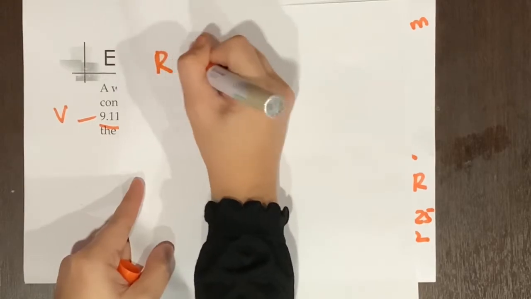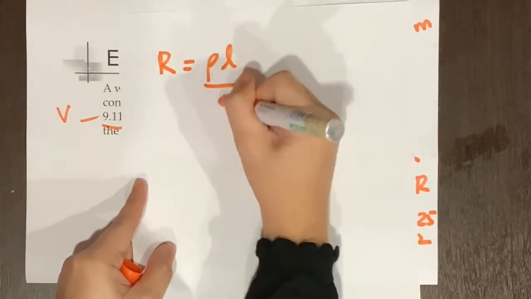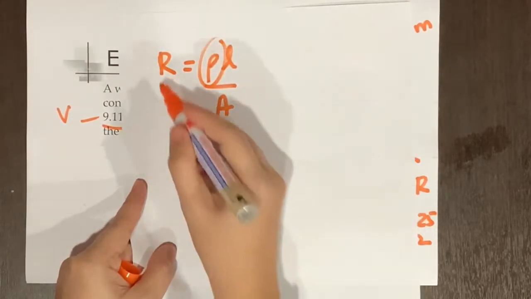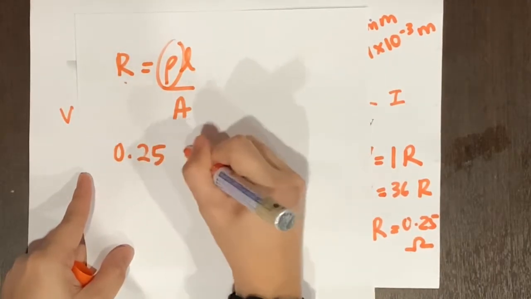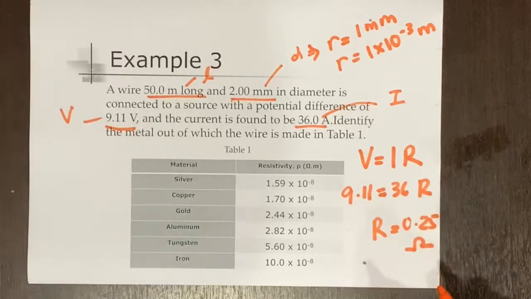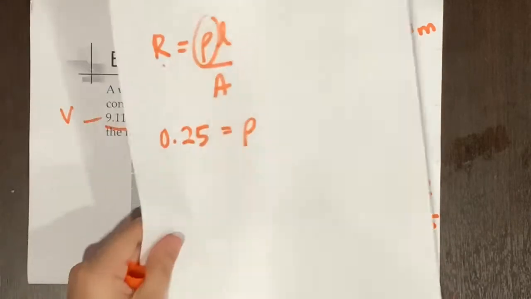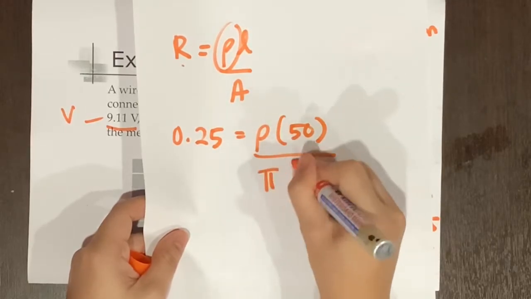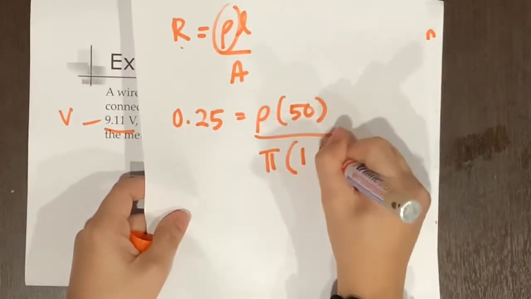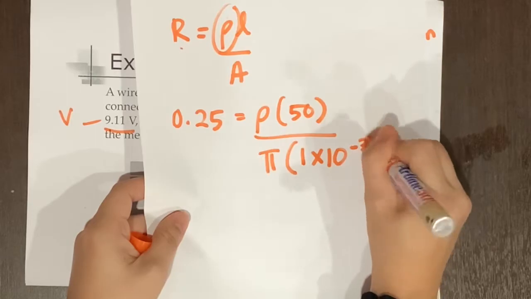R is equal to rho L over A. R just now is 0.25, equal to rho, length is 50, over pi, r is 1 times 10 to the negative 3, squared.